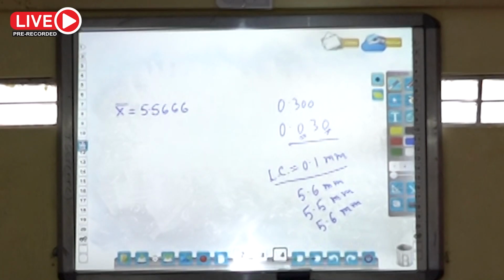Some students are eager to write 5 to 6 decimal places, but that is actually wrong. In class 11 experiments you might get marks, but in any college or higher classes, if you write this kind of thing, then your marks will be deducted.